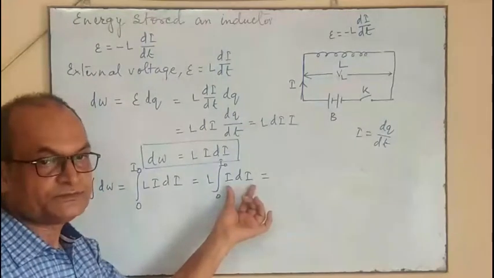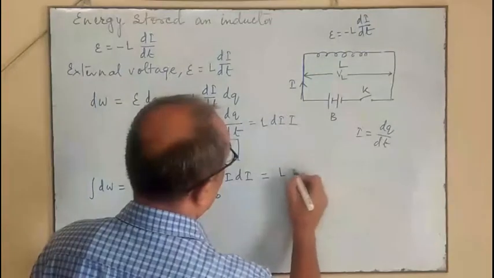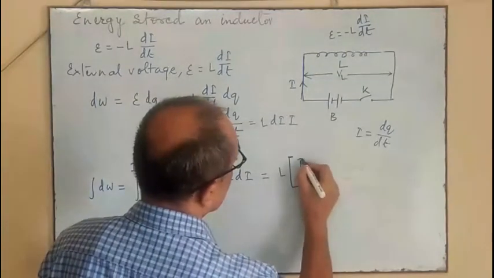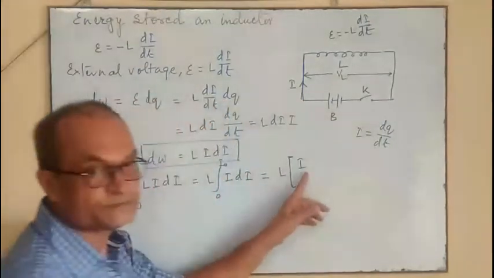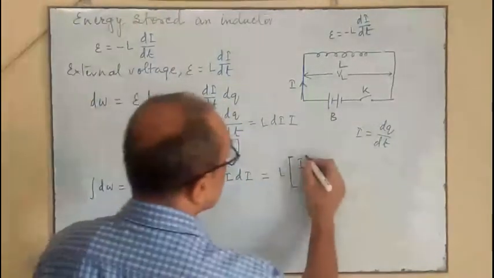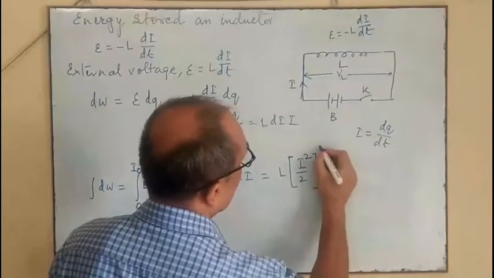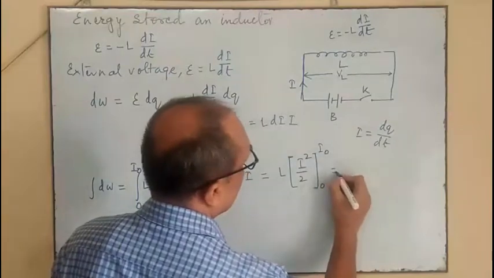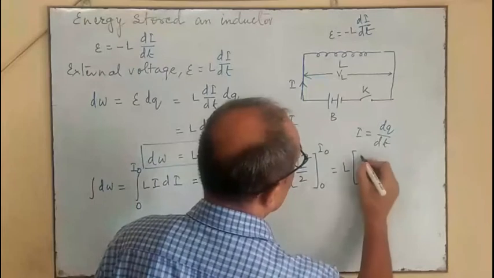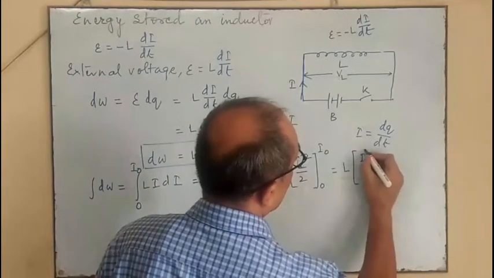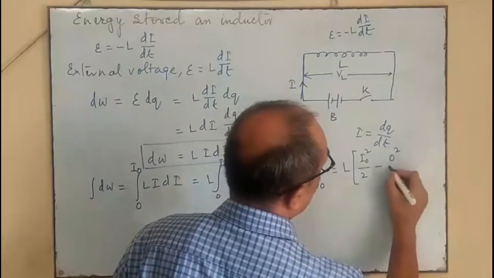The integration of this will be L times I square by 2, and taking the limits, this will be equal to L times I naught square by 2 minus 0 square by 2.